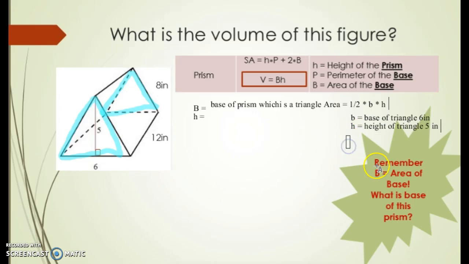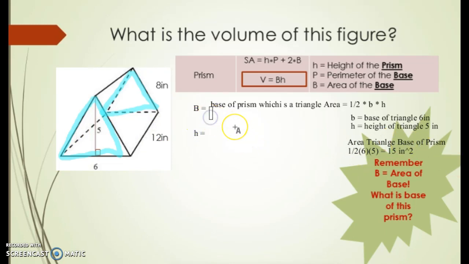Okay, so the area of the triangle base of the prism is equal to 1/2 times 6 times 5, which equals 15 inches squared.